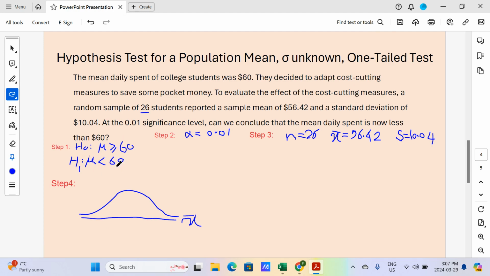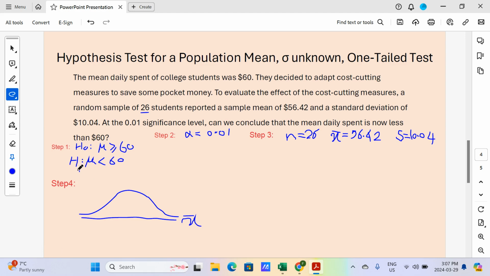But is the tail on the left side or right side? An easy way to identify if the rejection region is on the left side or on the right side is to look at H alternative. H alternative says mu is less than 60. When in H alternative we have less than, the rejection region always is on the left side. I explained about them in a video, you can watch that video also.